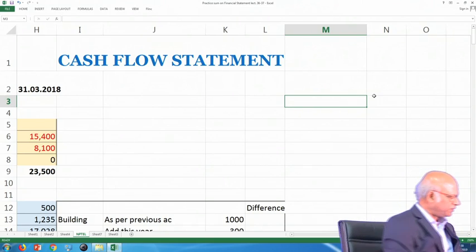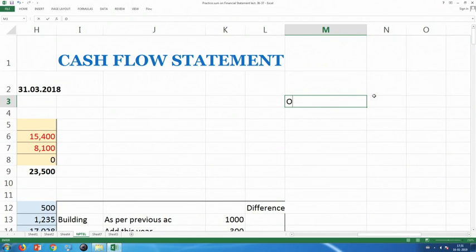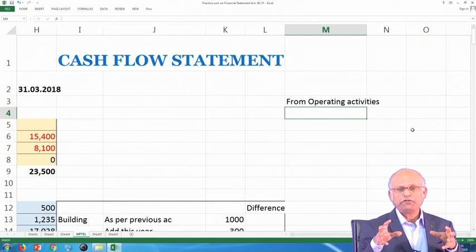So, we start with cash flow from operating activities. So, let us write it. Cash flow from operating activities, we have defined this, the items that are there. The first item is net profit.